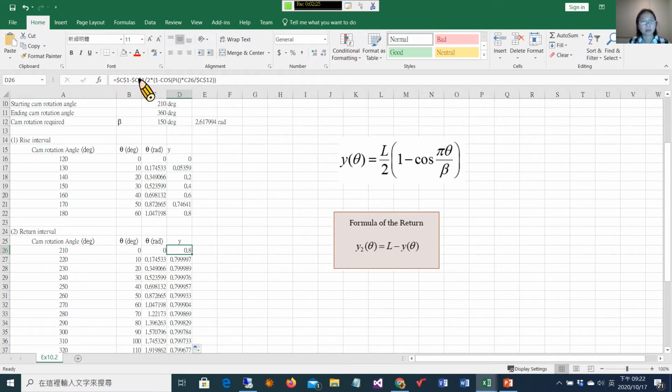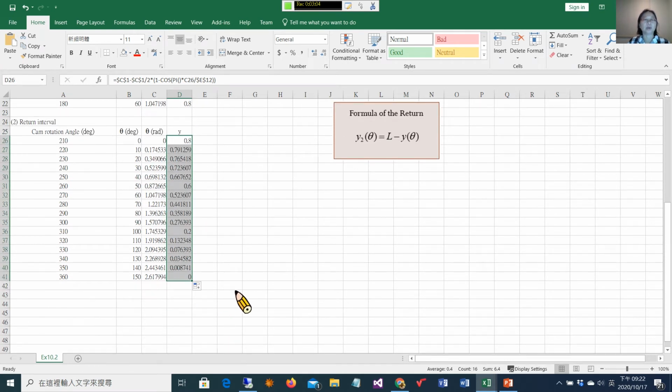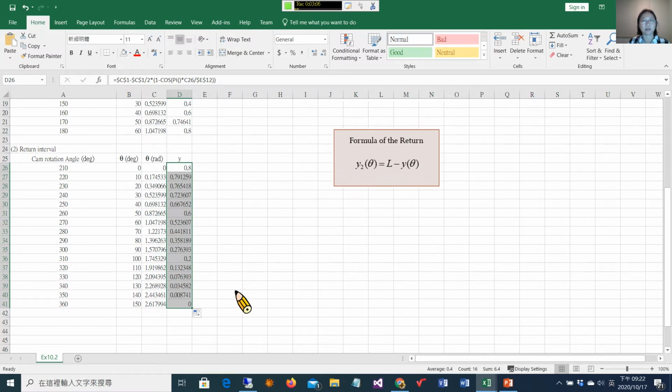L minus L over 2 times 1 minus cosine pi times theta. Oh, here is wrong, because I must reference a radians value here. And again, dollar sign. It will get the right answers here.